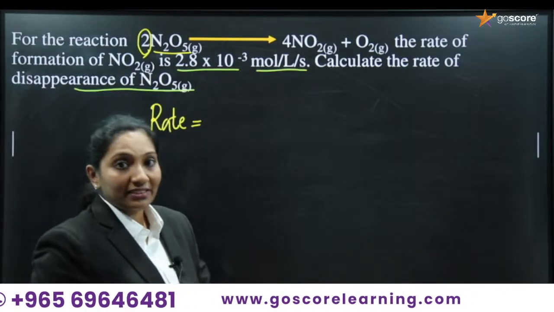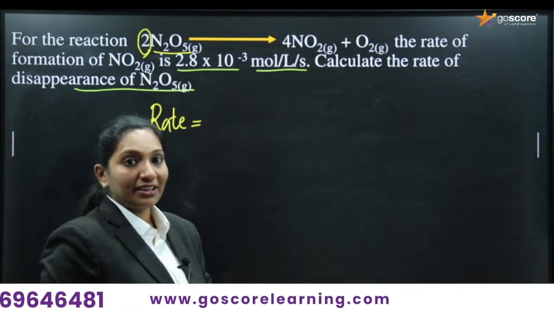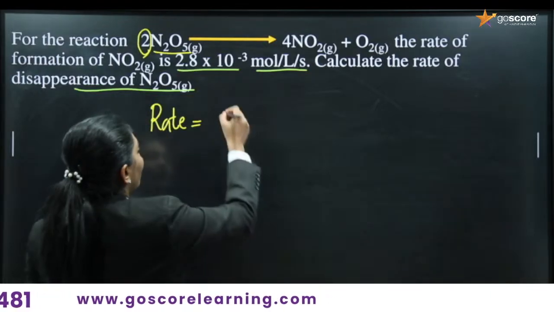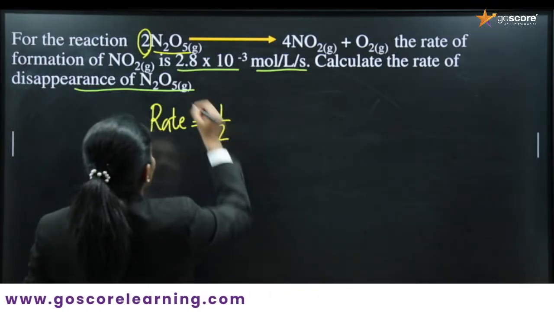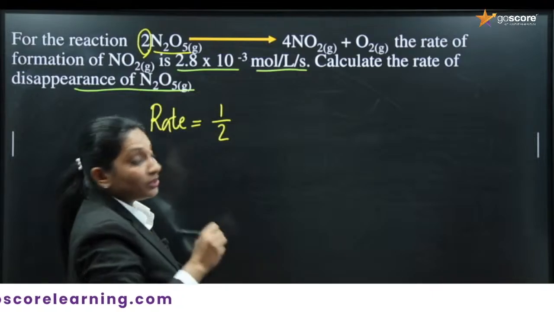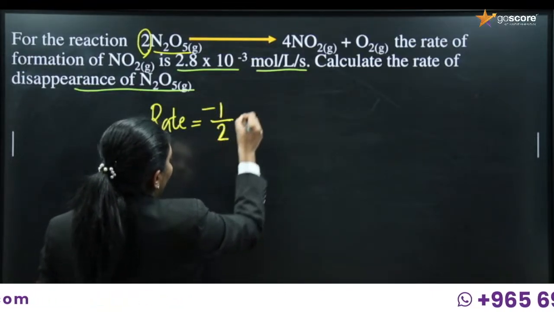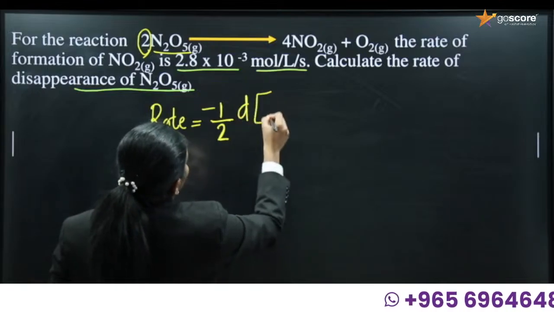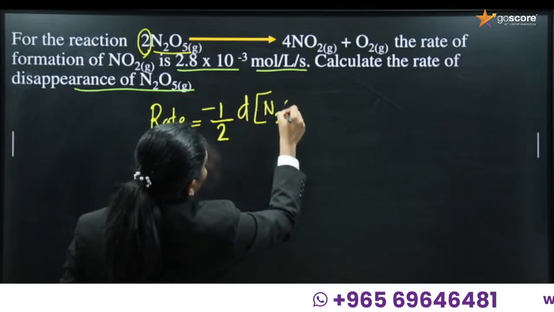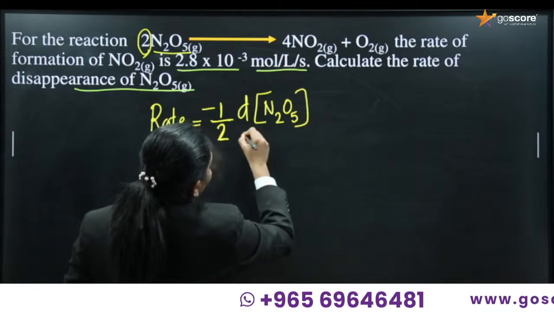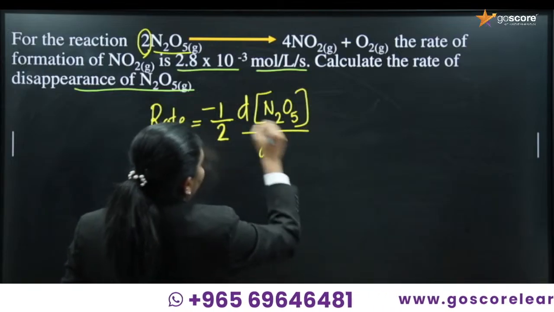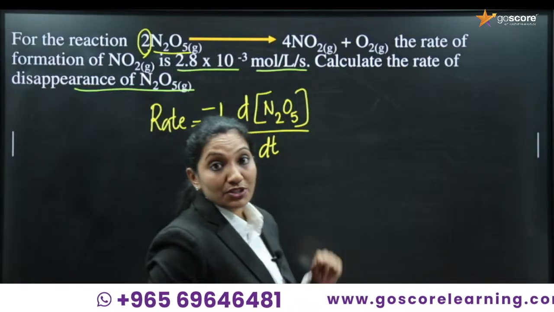We have to take the reciprocal of the stoichiometric coefficient, right? So 1 by 2. Since it is a reactant, we have to put the negative sign there. Negative, minus 1 by 2 d concentration of N2O5 by dt.